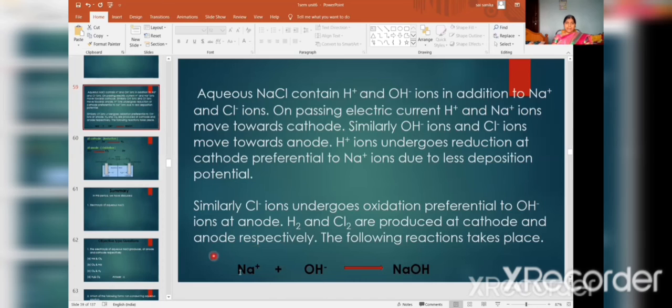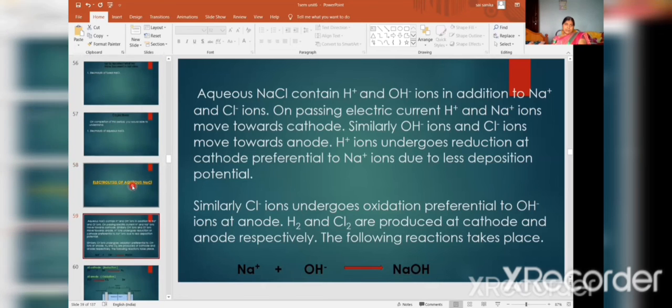The Na+ and OH- ions present in the solution form sodium hydroxide as a byproduct. Like this you have to write the equations. If you have any doubts, we will clarify your doubts in the next class.